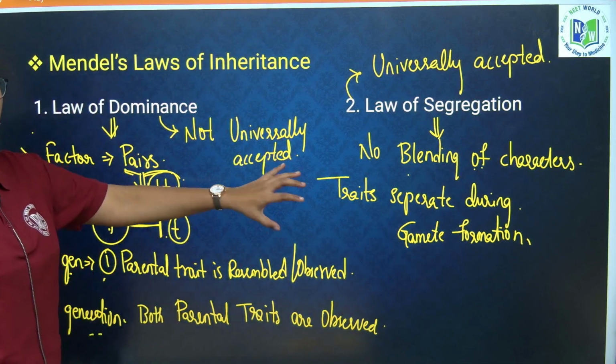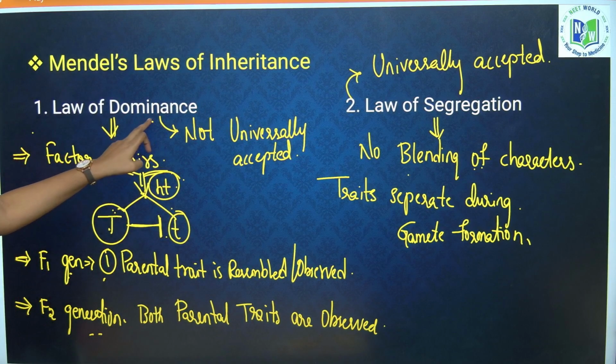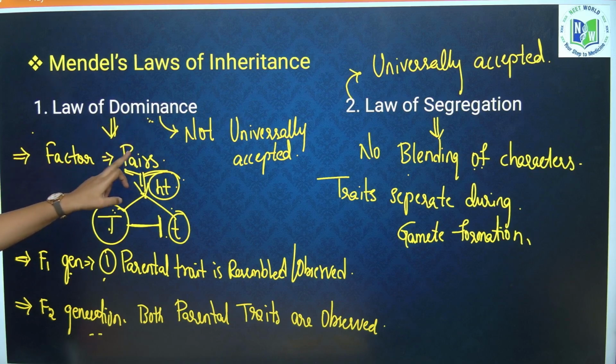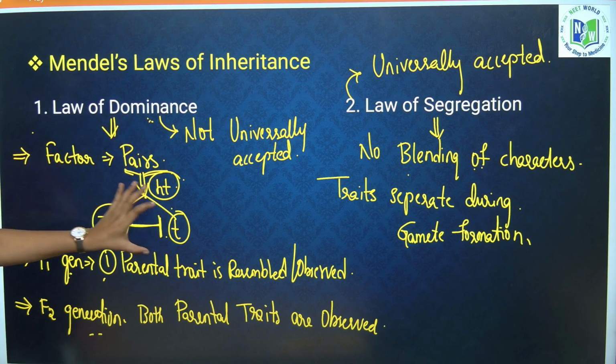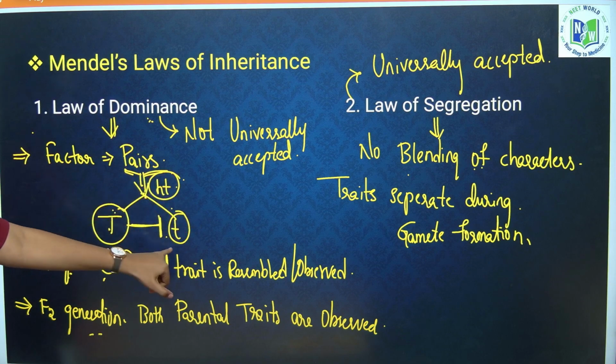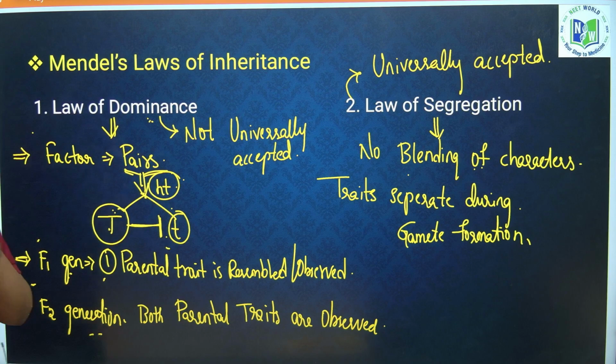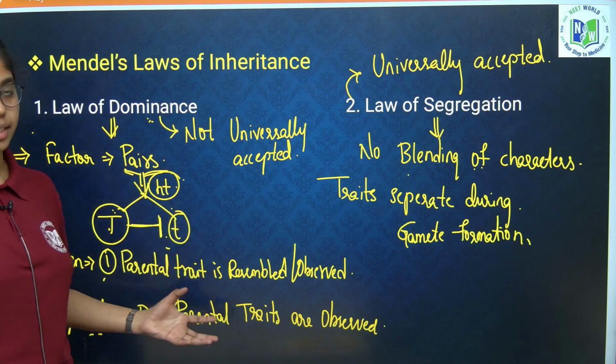Clear? Now you got to know what the law of dominance and the law of segregation are. In the law of dominance, what he is saying is that each factor occurs in pairs. If this pair is coding for clear contrasting traits, the dominant allele will mask the effect of the recessive allele. In the F1 generation, only one parental trait is expressed. In the F2 generation, both the parental traits are observed.